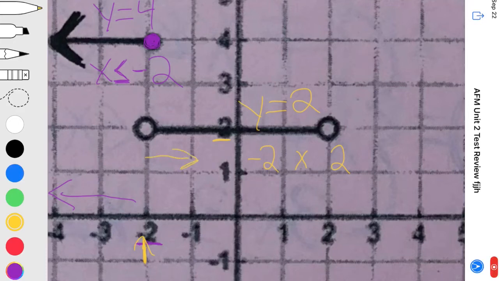The x values can be greater than -2, so the inequality is x is greater than -2. If you need to, draw the little teeth. X is greater than, so the alligator teeth are going to be eating the x. And then according to x is 2, x values can be less than 2. So x is less than 2 is our restriction for step 2.